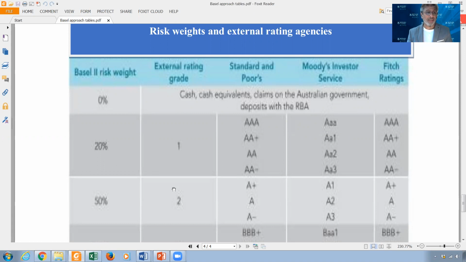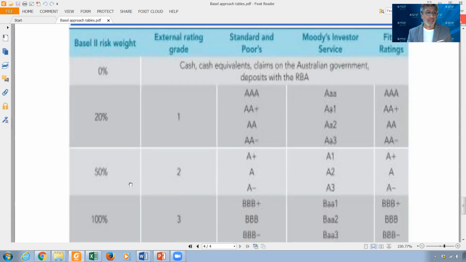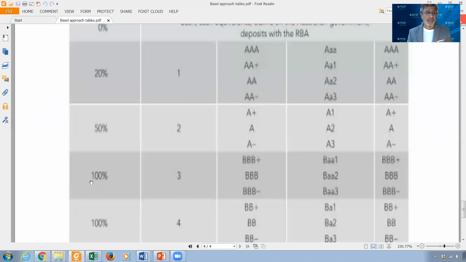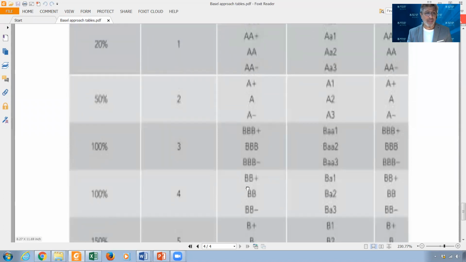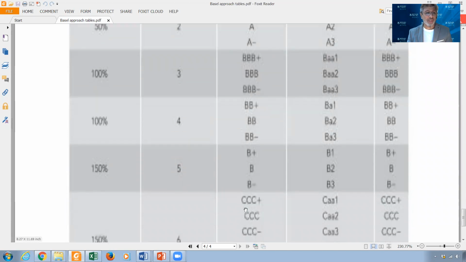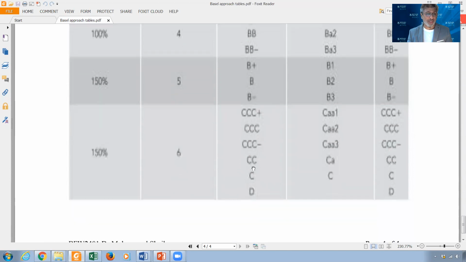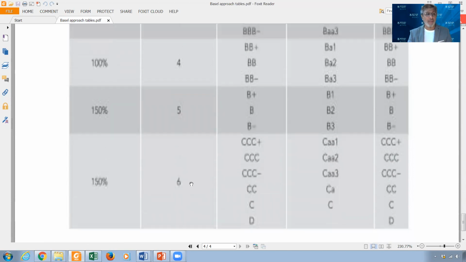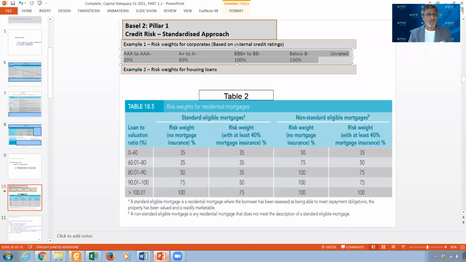So 20%. If it is from A to minus, 50%, this 100%, this 100% B, and then if it is from B plus to B minus, it's 150, and the same thing applies to the C's and the D's. So if I go back now, you can see when it is AAA, it's 20%. This is all from table 5.